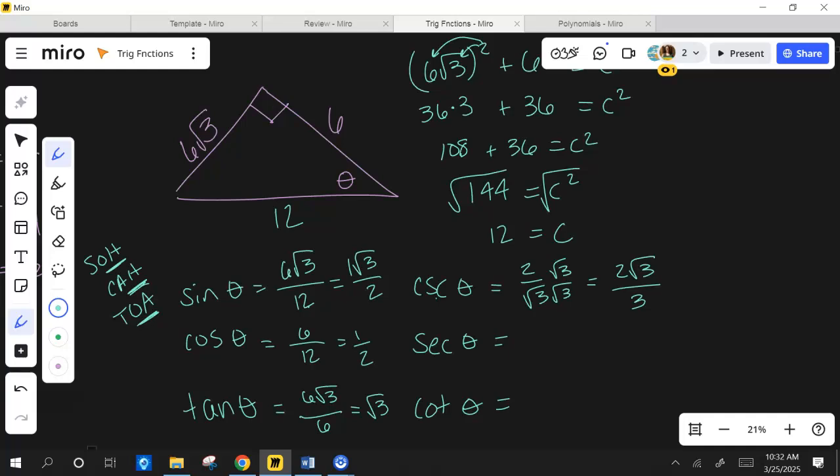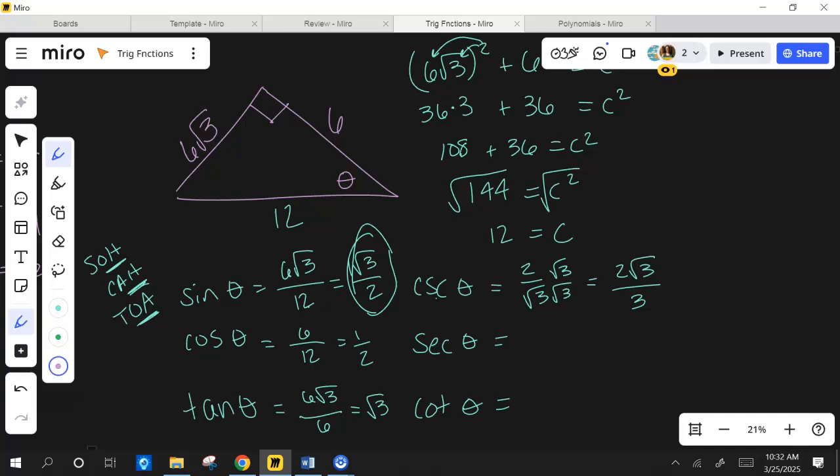Say that again. Cosecant flips sine, secant flips cosine. I just took the simplified version. I took what was already there and I flipped it. You could have, guys, this is getting incredibly hard for me. This is new stuff.